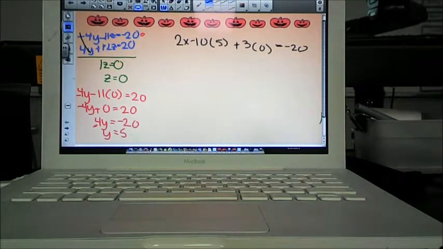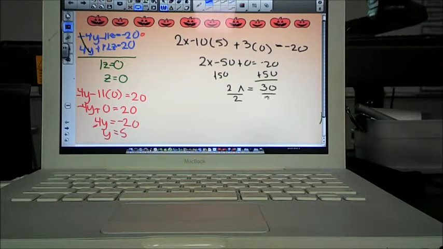Continuing from there, you get 2x minus 50 plus 0 equals negative 20. Then you add 50, so you get 2x equals 30. You divide by 2, x equals 15.